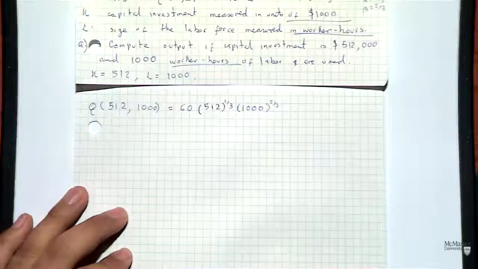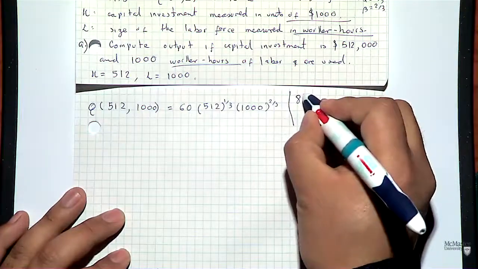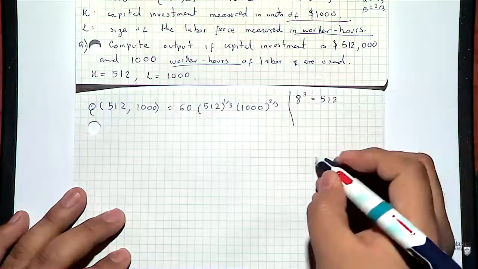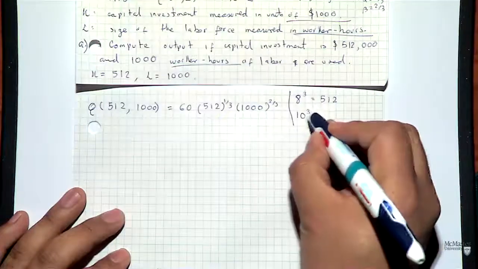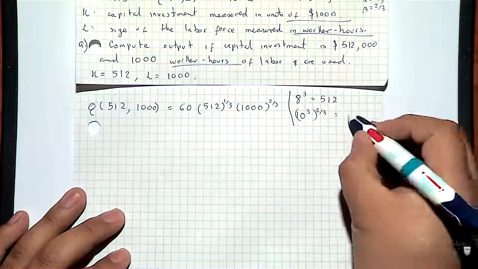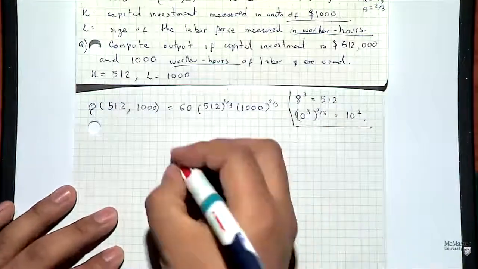There are two observations that might make the problem simpler: 8 cubed gives you 512. And 1,000 is 10 to the 3rd power, but then you have it to the 2/3, so this would be 10 squared. So you can do the computation, and then you can take the cubic root, and you're done.